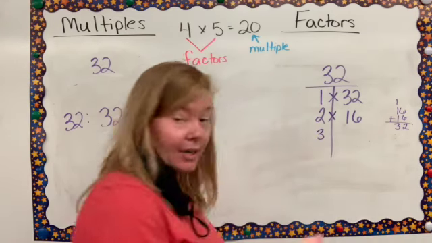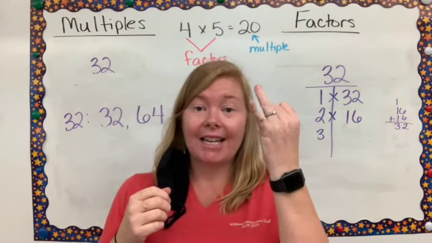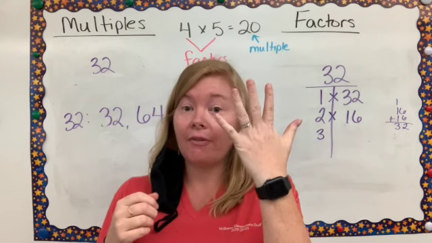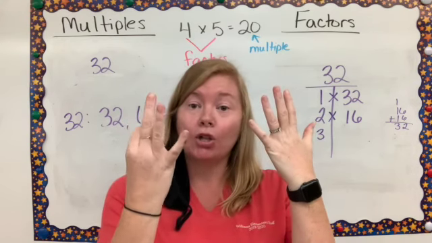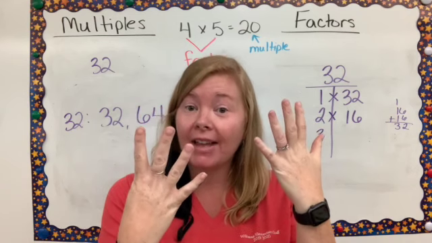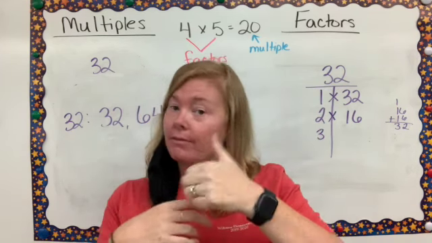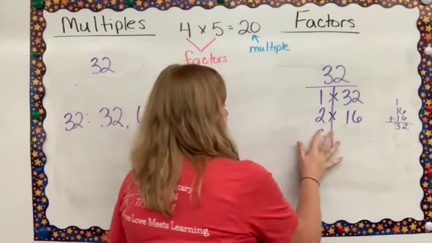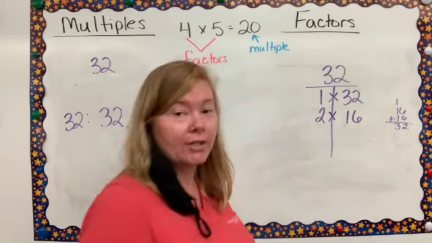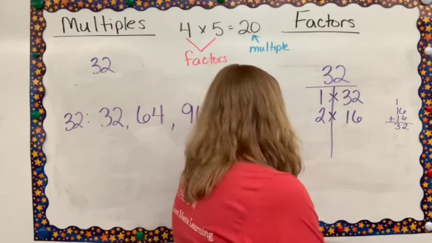Now let's try 3. All right, we need all my fingers. 3, 6, 9, 12, 15, 18, 21, 24, 27, 30, 33. Nope, I went over. 3 doesn't work. Now I'm going to try my 4s. I'll put my 4 there as a placeholder.